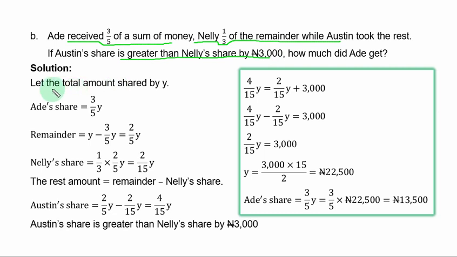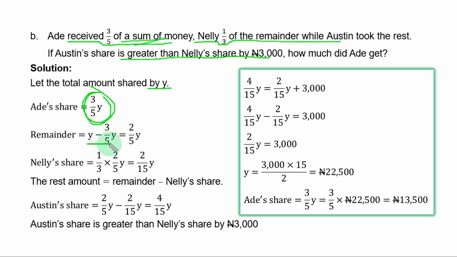Solution: total amount shared, let it be y. So Ade's share is 3 over 5 y from the question. So let's get the remainder, because Nelly gets 1 over 3 of the remainder. The remainder is subtracting Ade's share from the total sum of money.